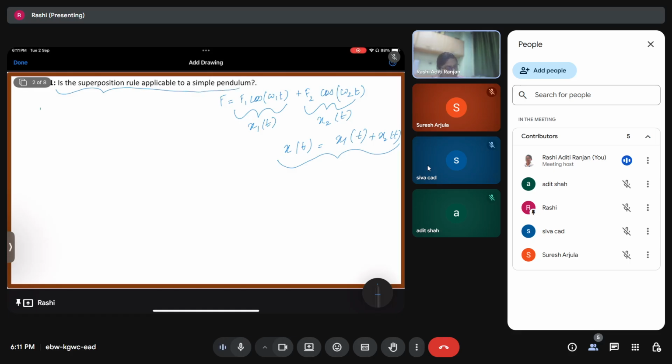So the first thing is, what is the superposition rule? The superposition rule basically constitutes two major rules.